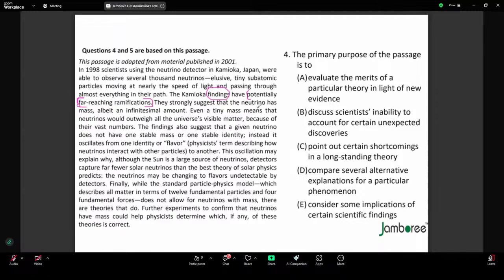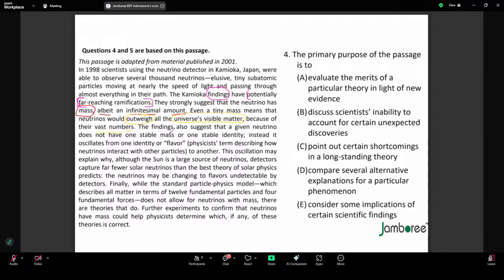They strongly suggest that it has mass. So now they're suggesting that it has mass, albeit very small, but mass. But even if it has a tiny mass, if that is proven, they will still outweigh, another keyword, everything, because there's so many of them. They will outweigh all the visible matter in the universe because of the vast numbers.